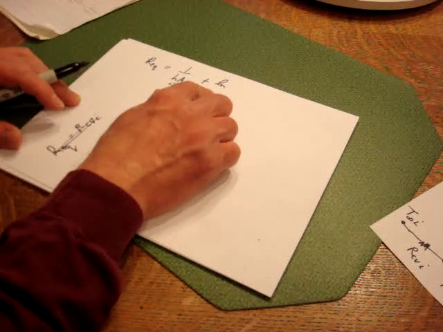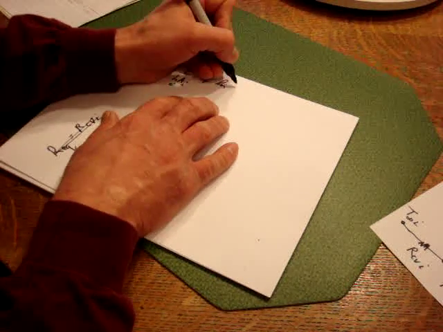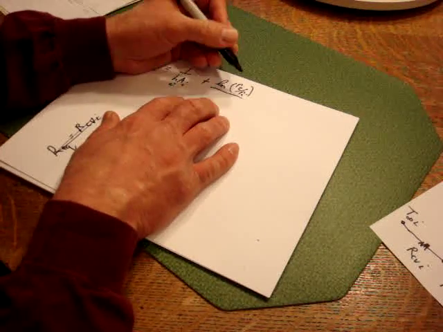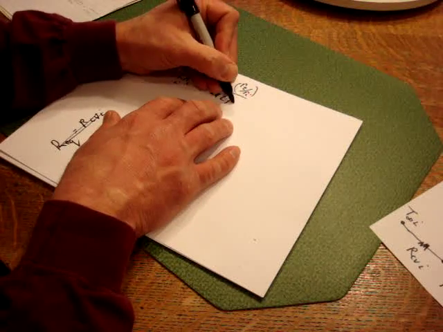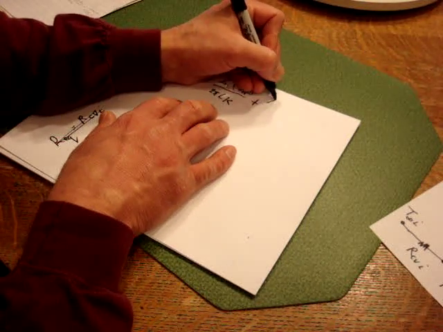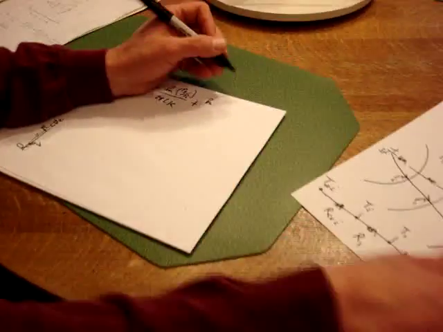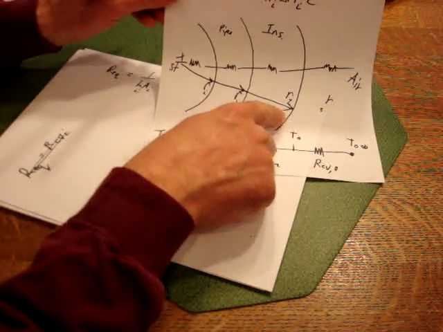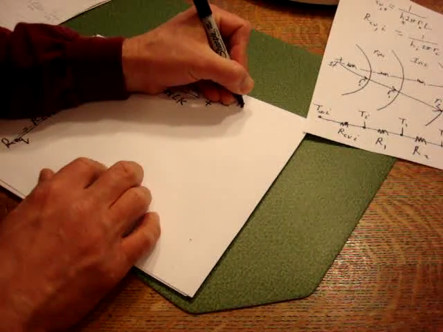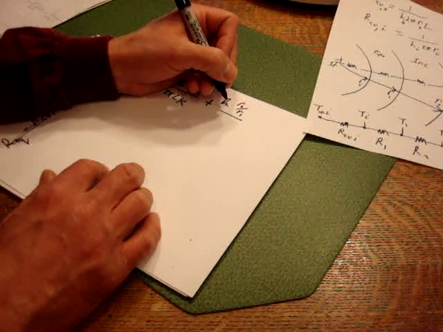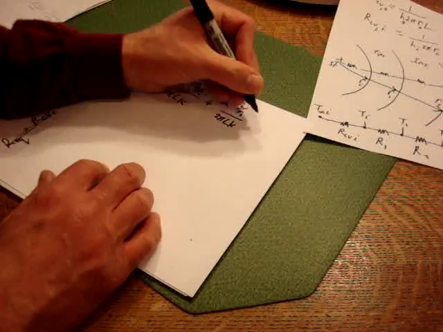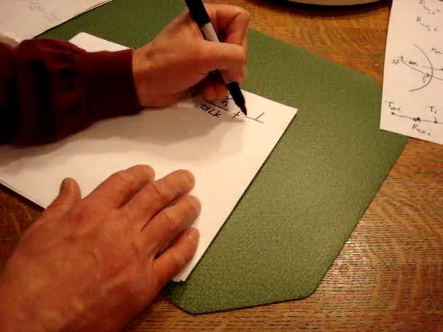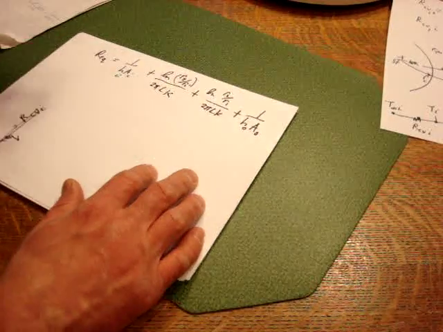So we'd have the natural log of R1 divided by R on the inside divided by 2 pi LK plus the natural log of R2 divided by R1 divided by 2 pi LK. And then one more would be 1 over H on the outside, area on the outside.